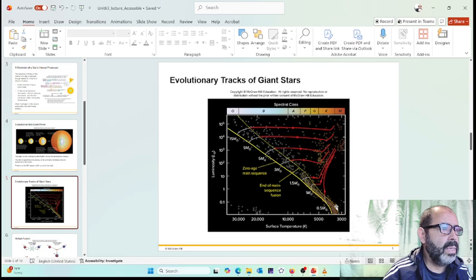Again, this is the main sequence stage. As the star leaves it, depending if it's a low mass star or a high mass star, it's going to basically evolve through this red giant stage, okay, that is fusing helium in its core and hydrogen in its shell, okay, and it's bigger because of the higher temperatures that are involved.